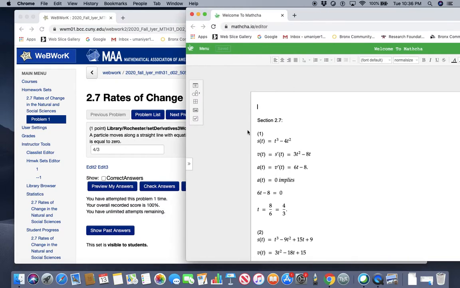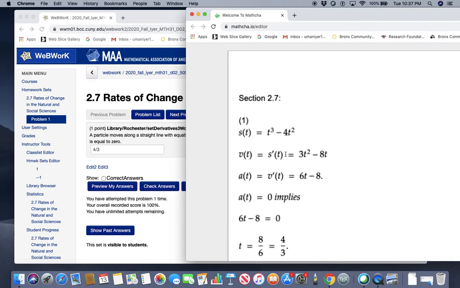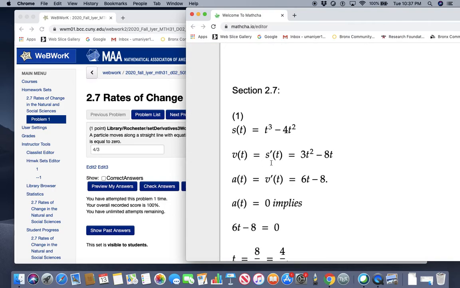All right, you are given position t cubed minus 4t squared. Velocity is the derivative of position. So take the derivative with respect to t, of course, 3t squared minus 8t.